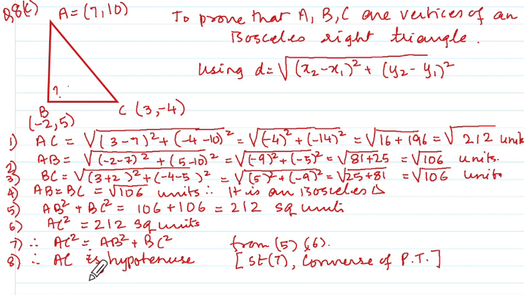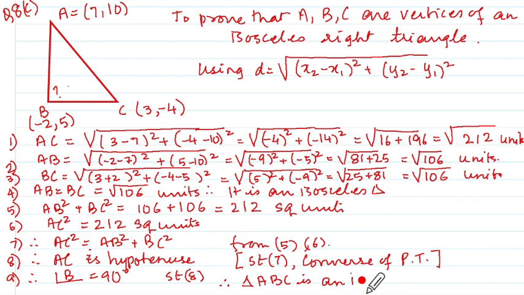You'll spell it out, please. And ninth one, therefore opposite AC will be angle B is 90 degrees, correct? This will be from statement 8, and therefore triangle ABC is an isosceles right triangle. Proved.